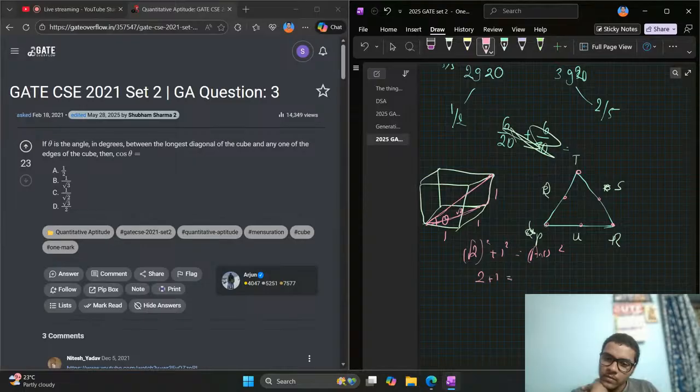That will be 2 plus 1, square root of 3. Okay, thank God. Cos theta was asked. So in this triangle where this is 1, this is root 2 and this is root 3, this is theta. This is adjacent by hypotenuse. Root 2 by root 3.